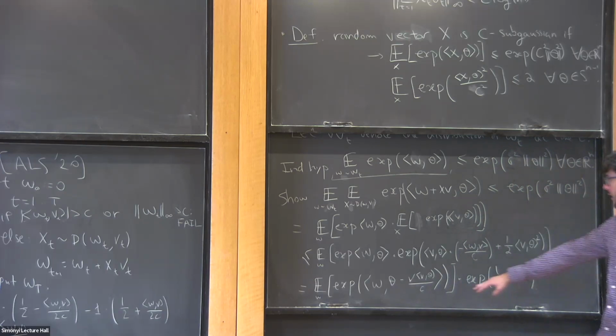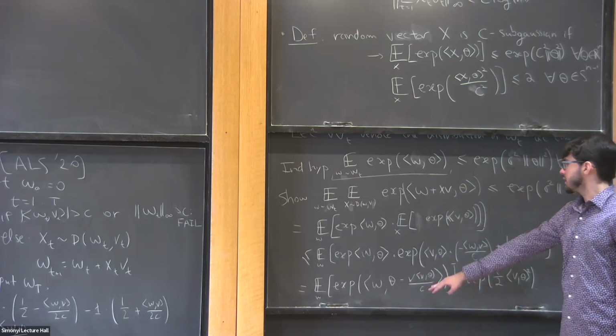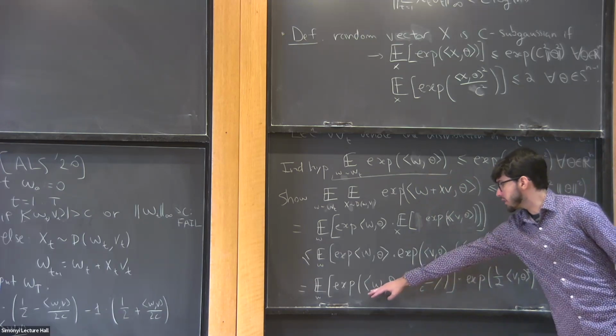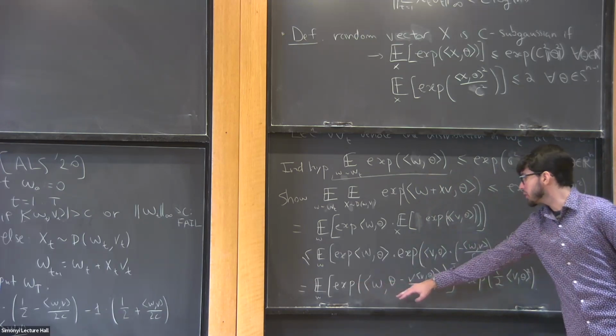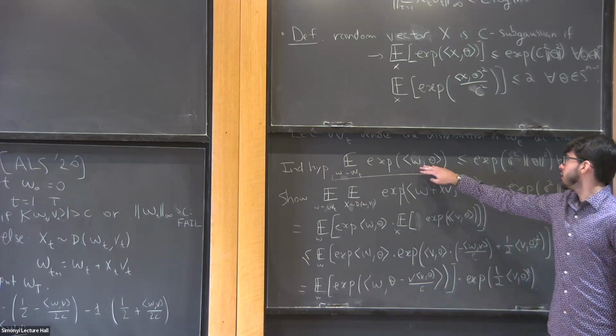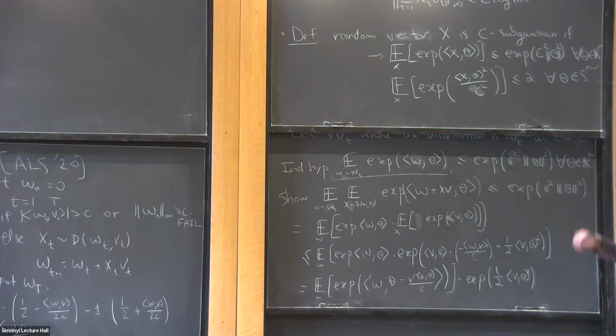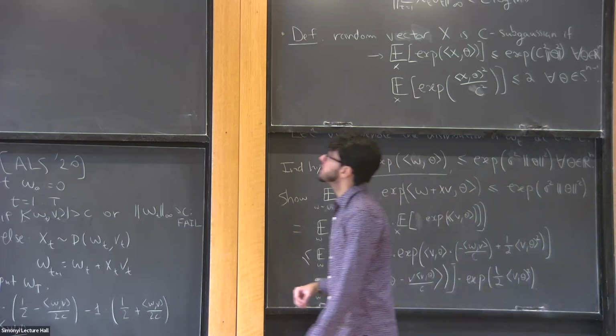And now this is something we know something about. So this is the expected exponential of W dot something, and we know things about W dot something.